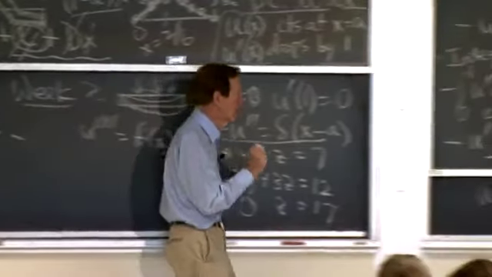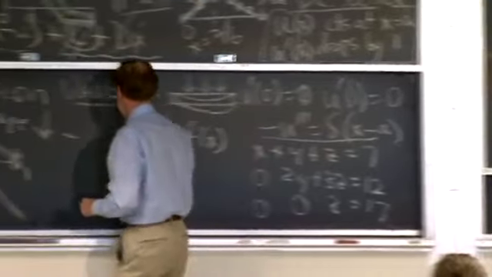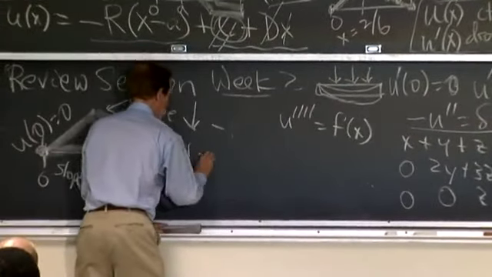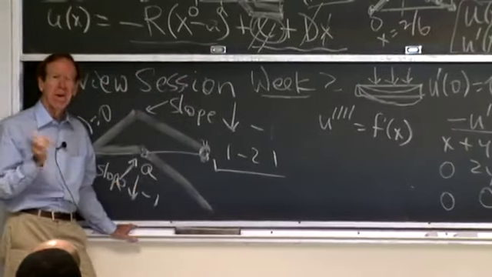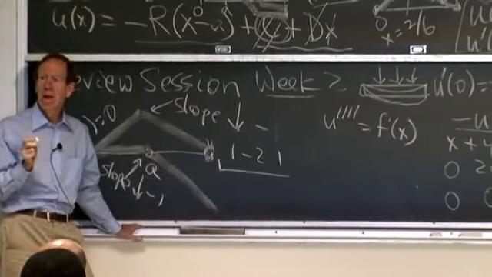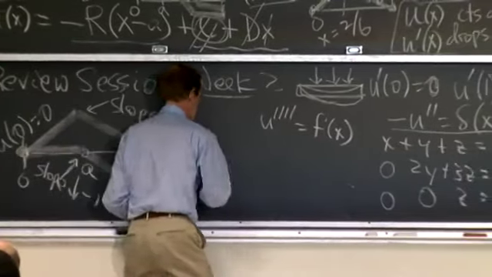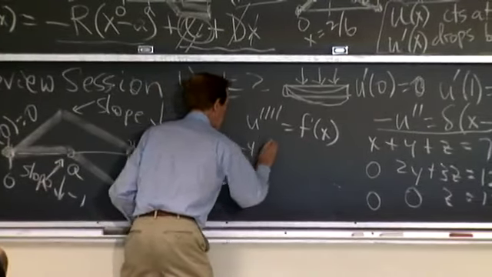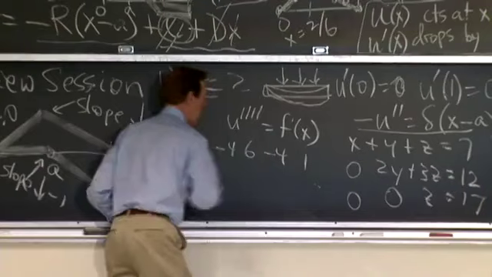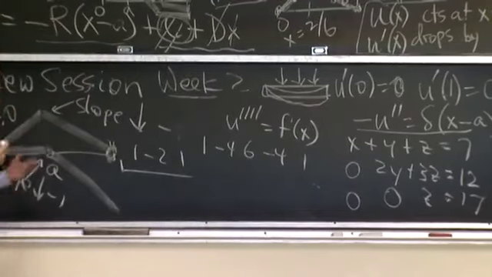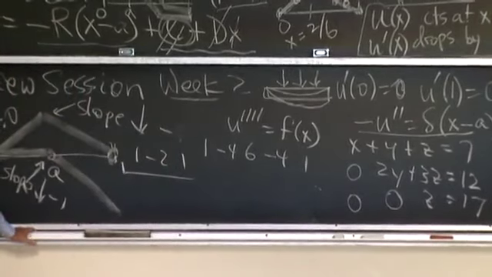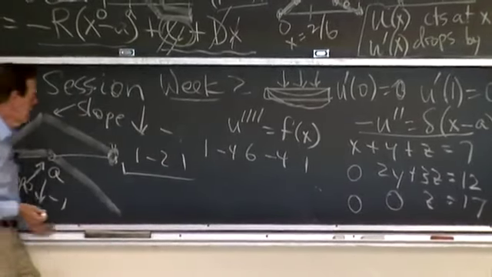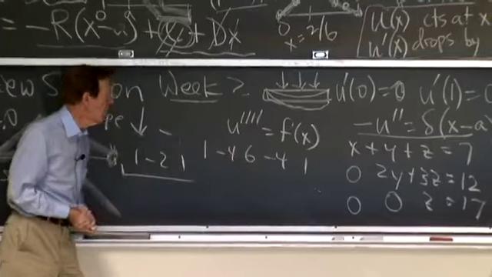That was a big deal then to introduce second differences, those 1, minus 2, 1s. Fourth? 1, 4, 6, 4, 1. Yeah, 1, 4, 6, 4, 1 with minus signs: 1, minus 4, 6, minus 4, and 1. In some way, I would get that by squaring this guy. And so that would be a fourth difference.